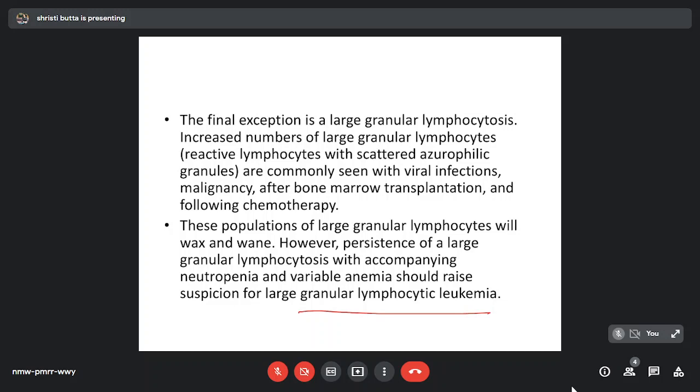The villous cytoplasm of hairy cell leukemia, the plasmacytoid lymphoplasmacytic lymphomas and plasma cell dyscrasias. We also have granules within the cytoplasm in large granular lymphocytic leukemia. We also have prominent nucleoli in T-PLL and vacuoles in the cytoplasm in Burkitt lymphoma.